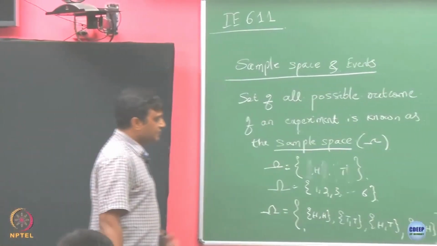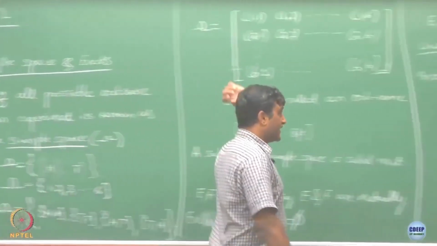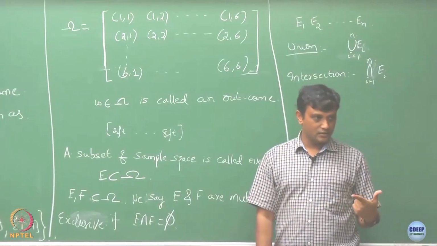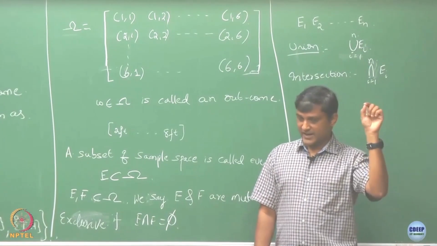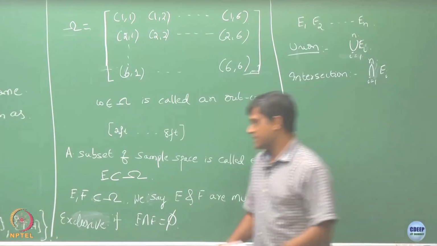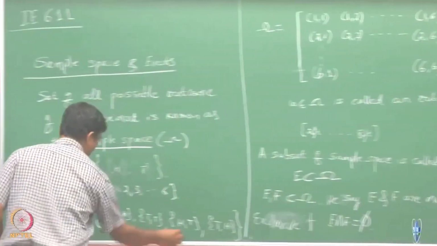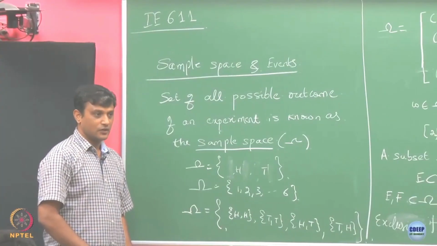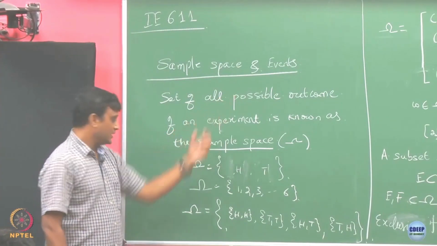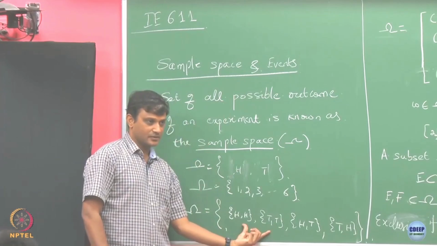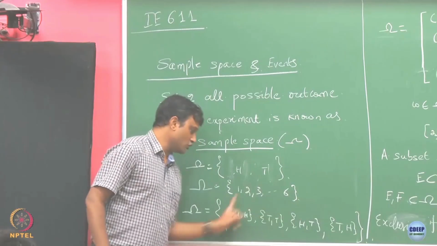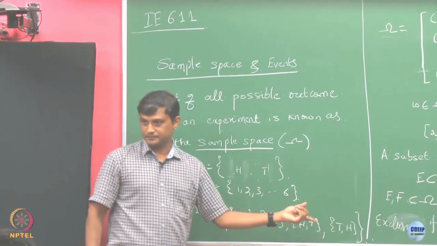Notice that when I said E is a subset of omega, one element can also be a subset. Here these are the individual elements in the set omega. For example, E1 could be this element and this element, and E2 could be these 3 elements.